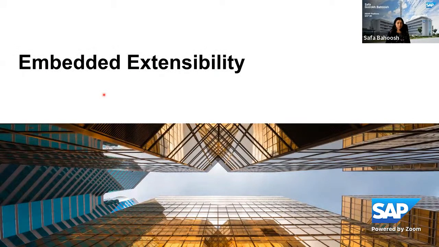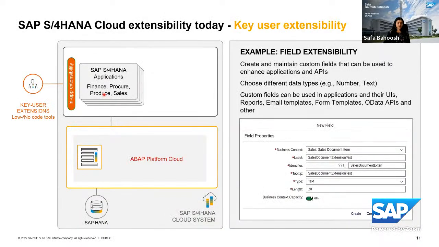So let's talk more about the embedded extensibility and how we reach there. One of the prominent technology we have already released is called the in-app extensibility or key user extensibility. If you look at SAP S/4HANA cloud system, you see all the traditional SAP application like finance, procurement, sales, and so on.